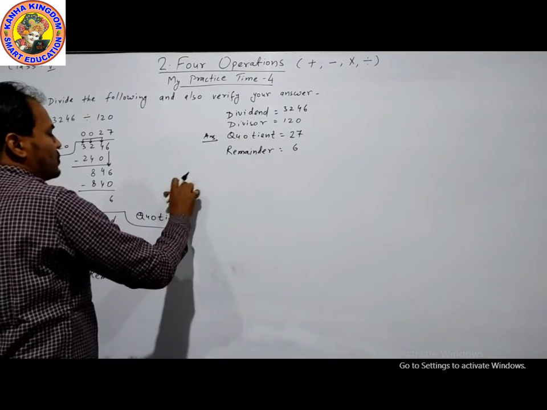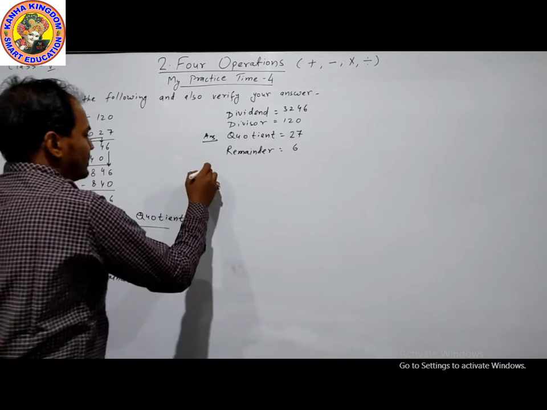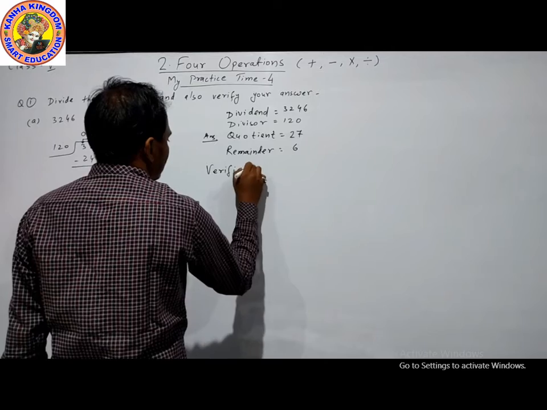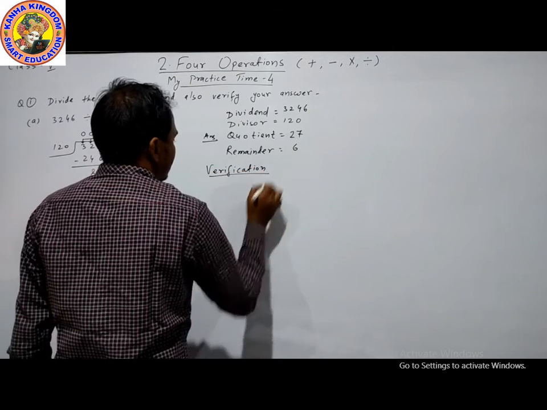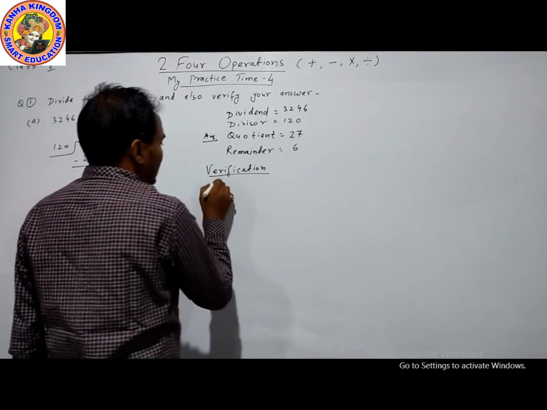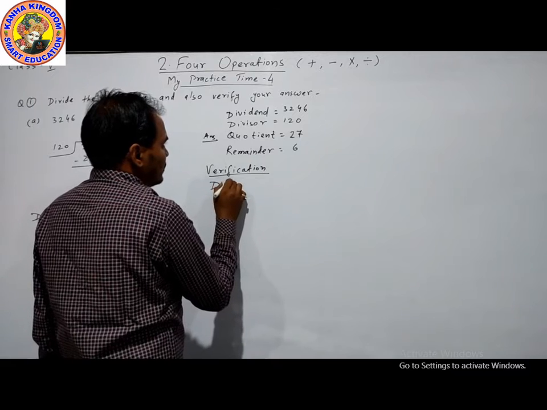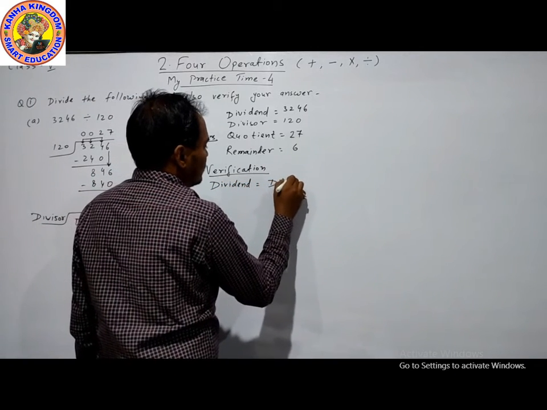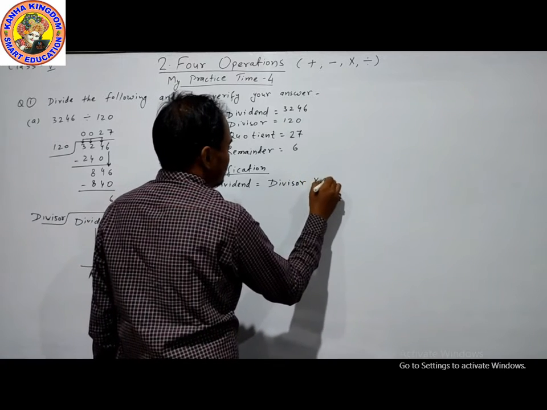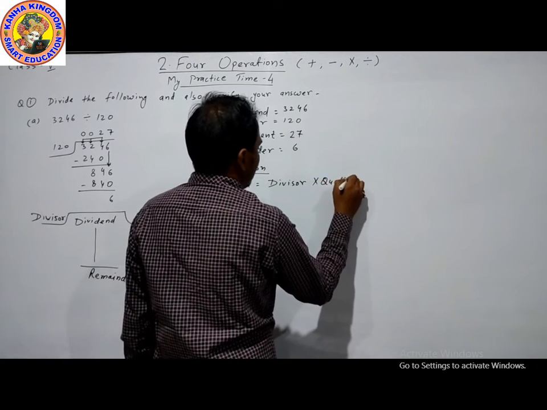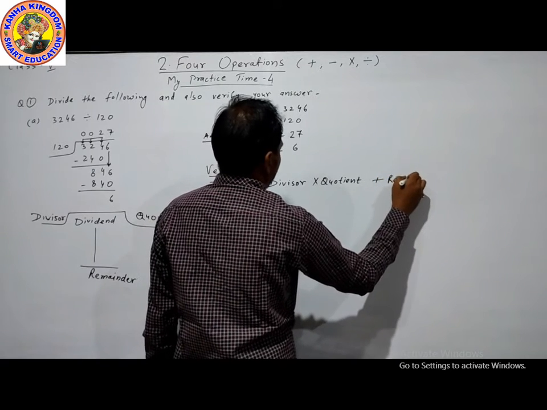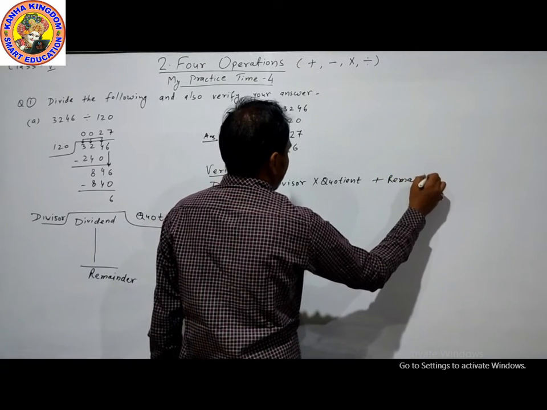Now the next part of the question: also verify. Verification. In verification we have a formula. Dividend is equal to divisor into quotient plus remainder.